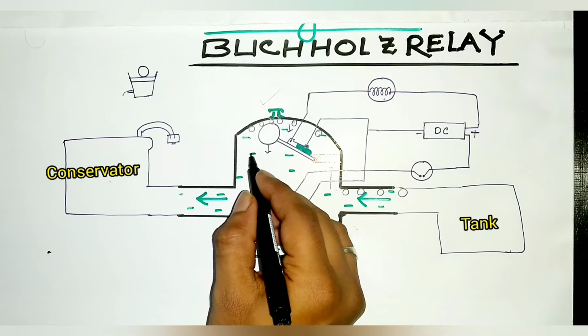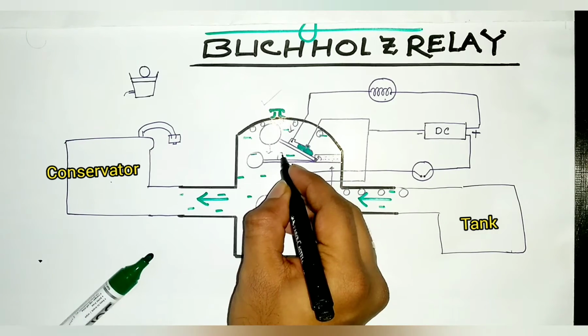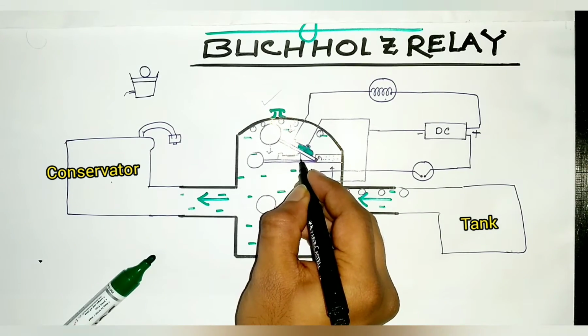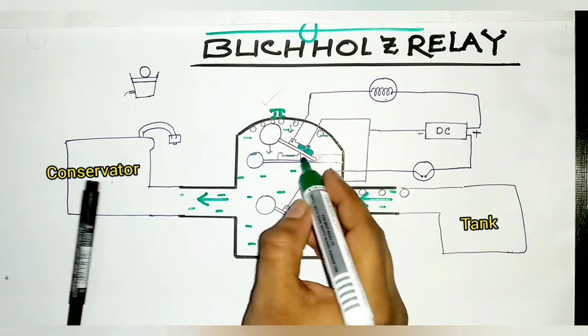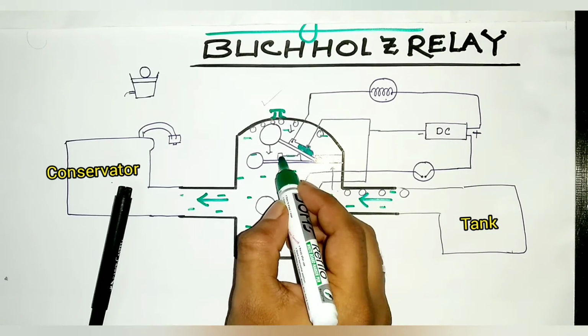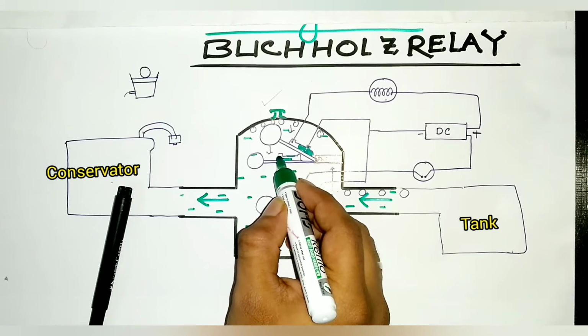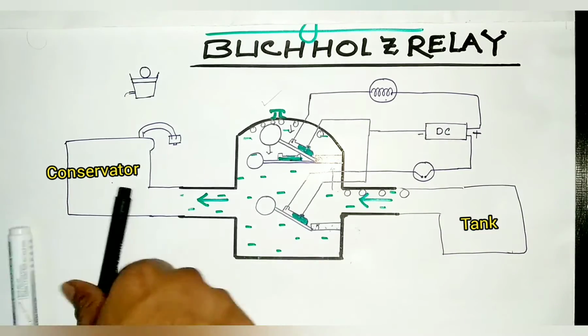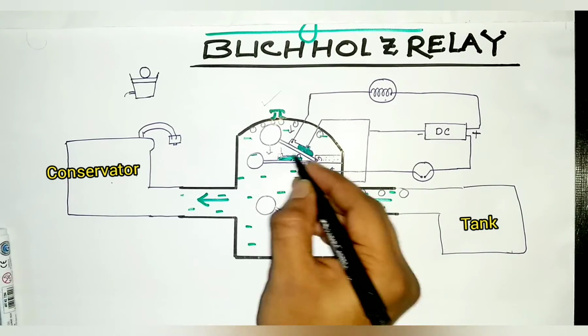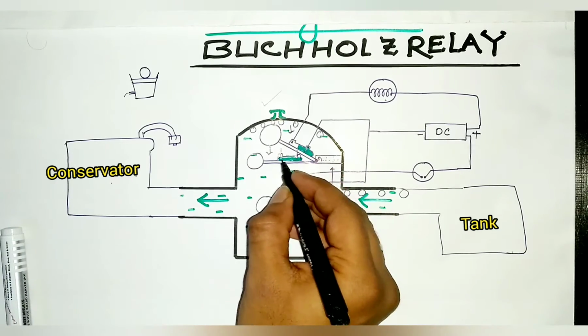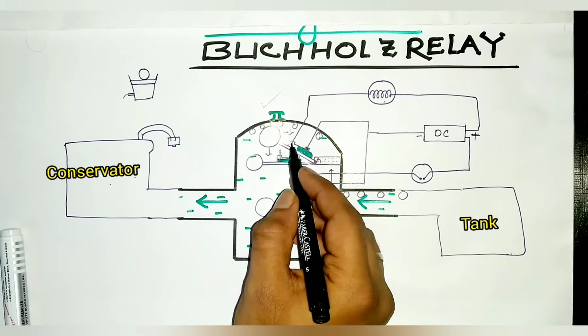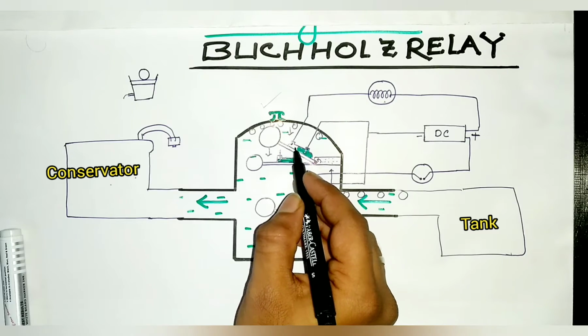And at a position like this, the mercury in the switch will spread to the total surface of the switch and it will connect these two terminals. Current was waiting at that point, but there was no way.